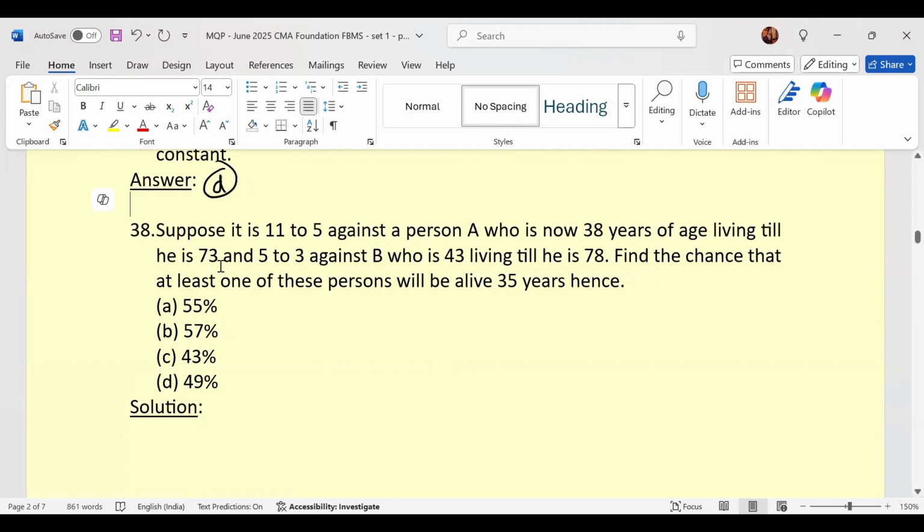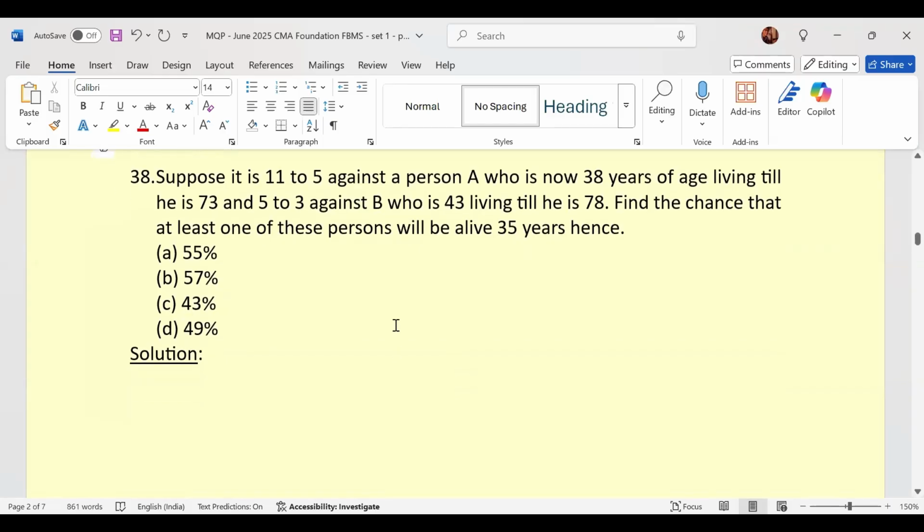First of all, 73 minus 38 is 35. Even 78 minus 43 is also 35. So that is why they say chance that at least one of these persons will be alive 35 years hence. First of all, they gave odds against a person.